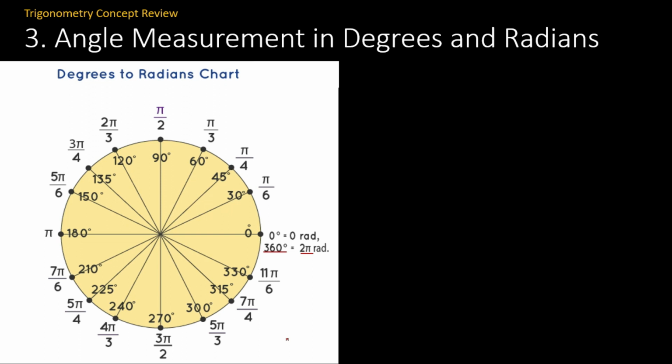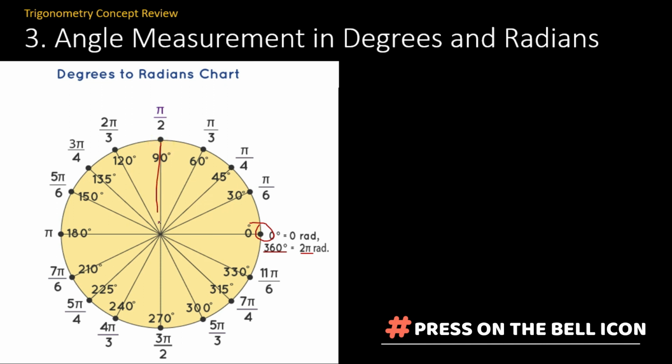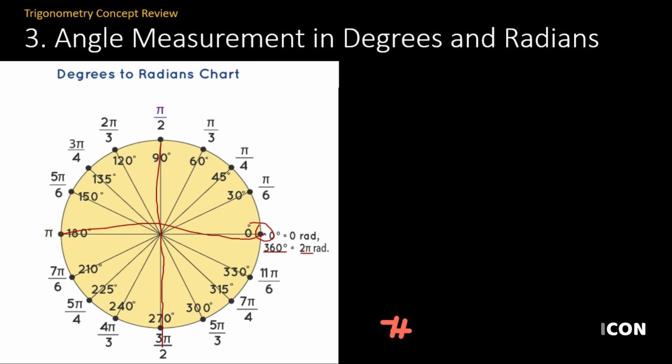Now we start our reading from the eastern side of the Cartesian plane drawn in this circle. So we start from here, labeling 0 degree, 90 degree, 180 degree, and then 270 degree, back to 360 degree.